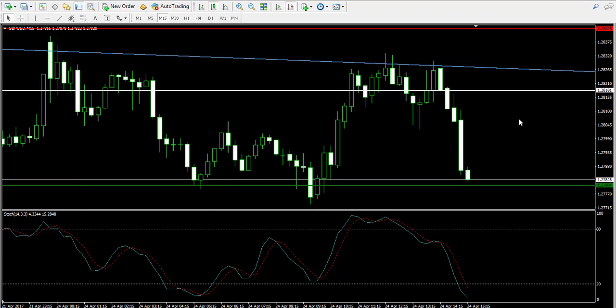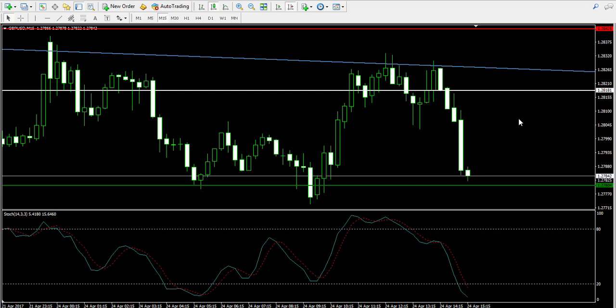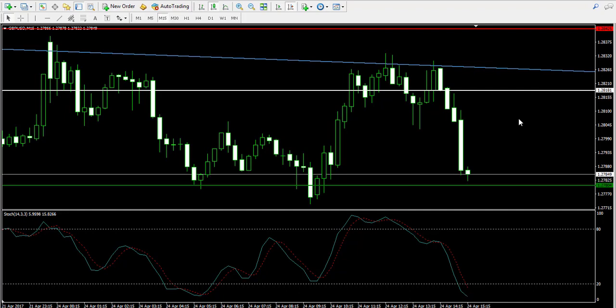And when I divide this number by my entry price, which was 1.2818, I got the result of 0.00249648. And when I multiply this number by 100, I get the percentage profit from this trade, which is nearly 0.25% for half an hour.